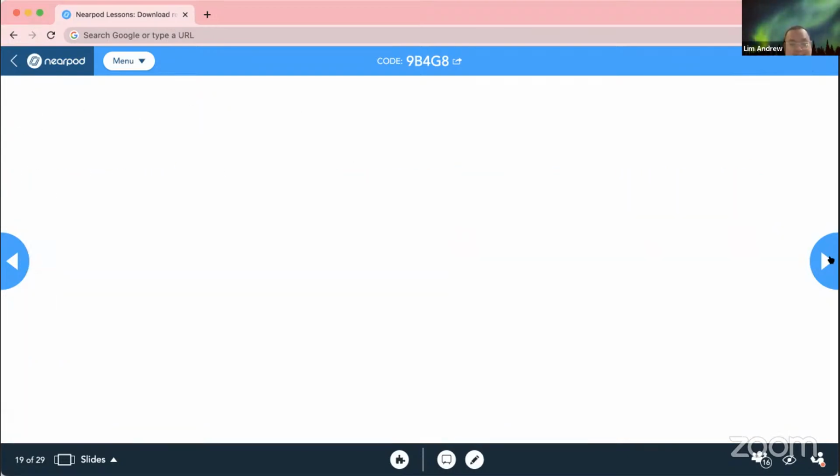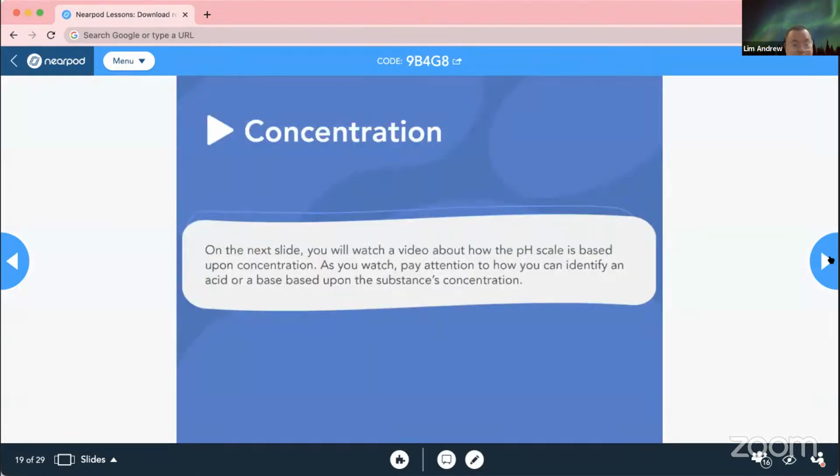Okay, let's carry on. On the next slide, you will be watching a video on how the pH scale is based on concentration. Concentration means how packed, how much or how little of this particular substance there is in the particular solution.